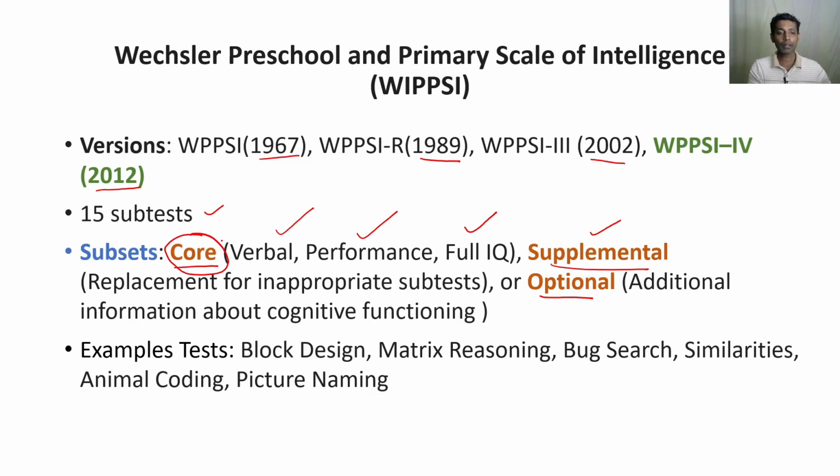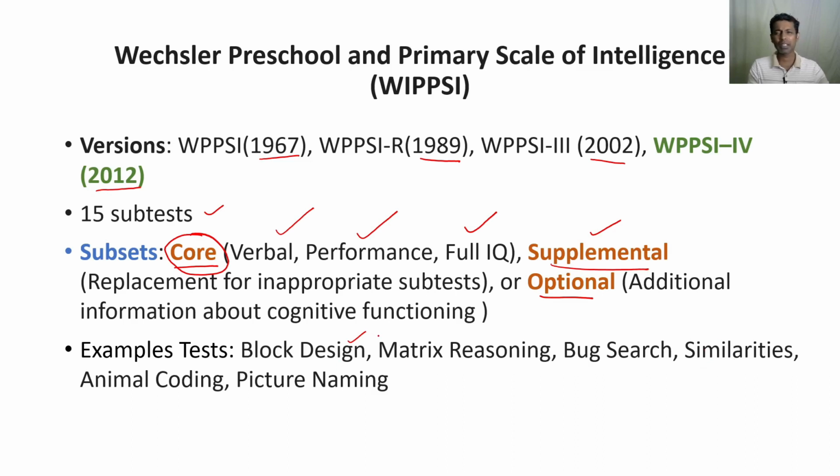I was talking about the 15 subtests. Some of the tests used in this WPPSI are the block design test, which you may be familiar with, then matrix reasoning, which is something like the SPM, then bug search, which you can think of with the children being tested, similarities, animal coding, and picture naming.